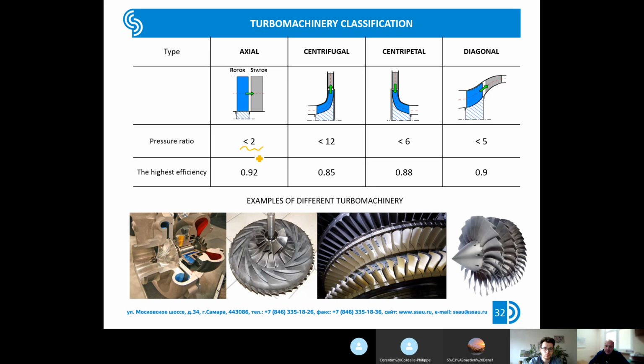Maybe it's present in some modern engines, but I don't know. In reality, the typical pressure ratio of one axial stage is a little bit lower.